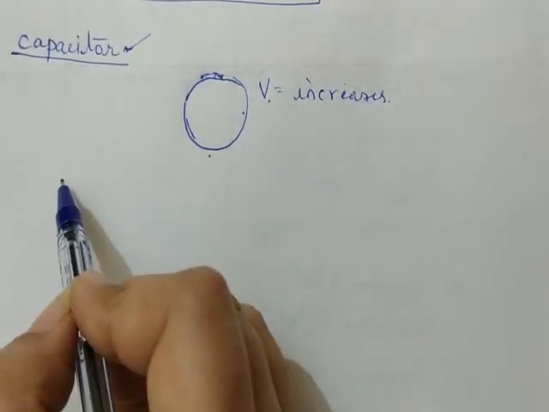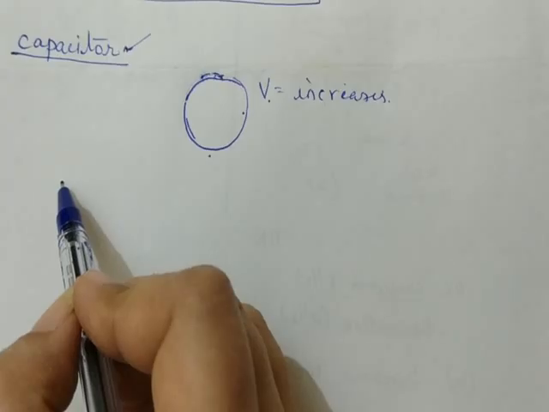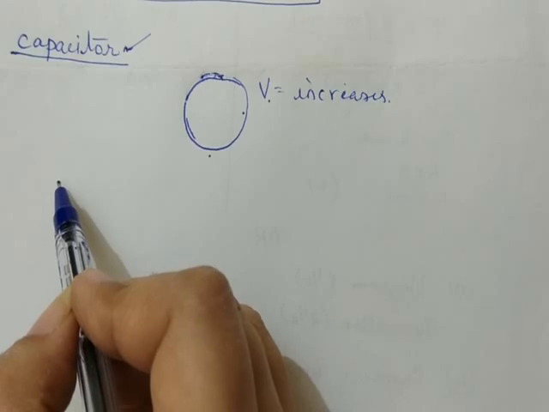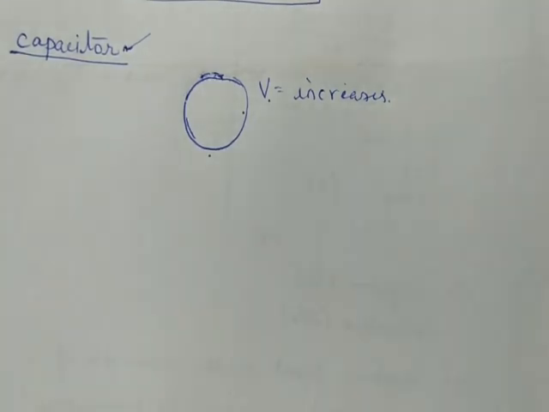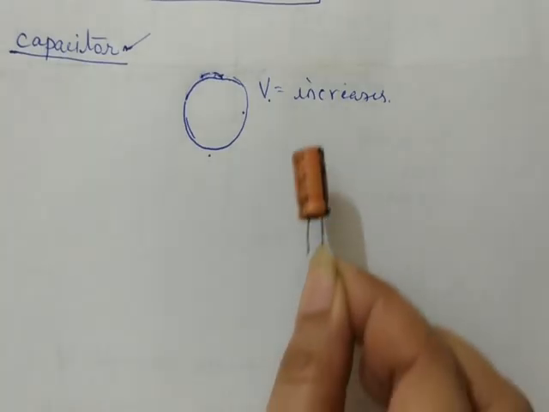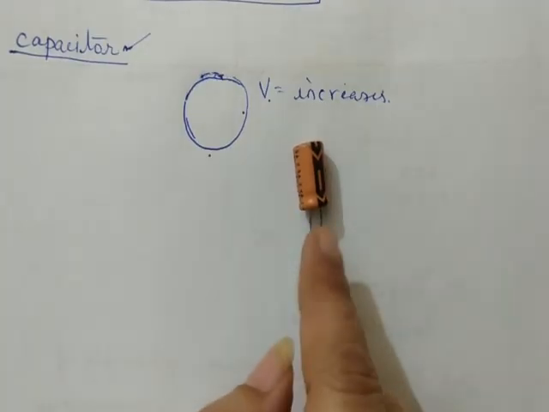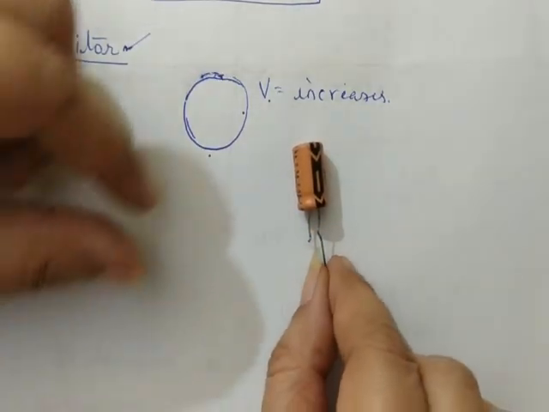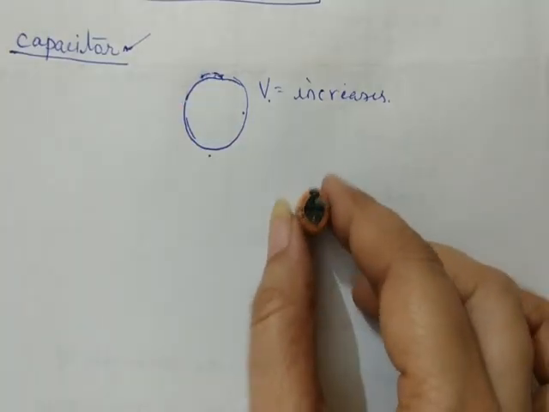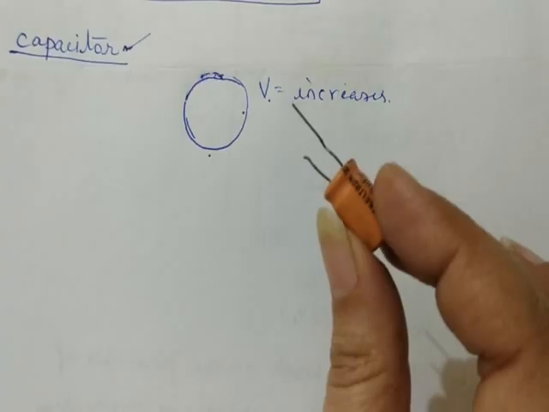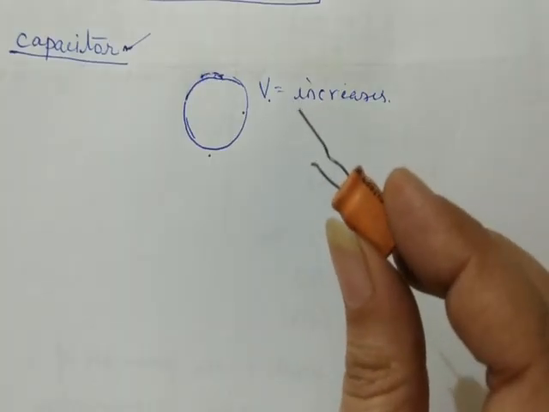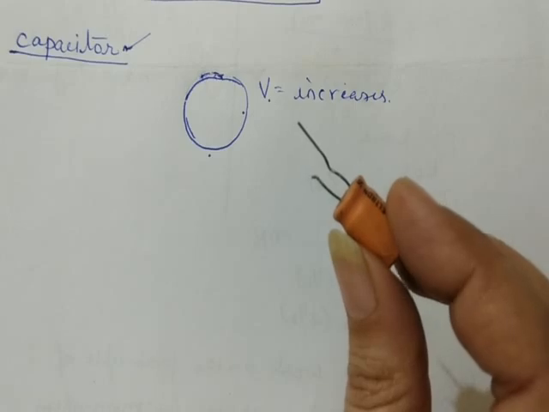A capacitor is a device that is used to store a large amount of charge in a small space. We can store a very large amount of charge in a very small space in the form of a capacitor. I would like to show you what a capacitor is. A capacitor is of this cylindrical shape, and it has two legs, one bigger leg and the other smaller leg.